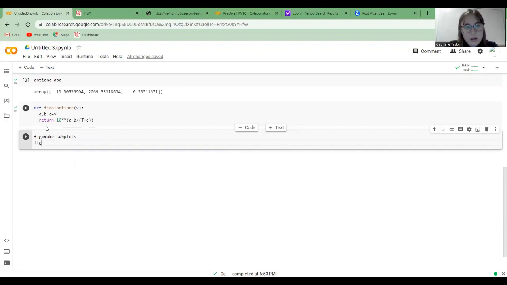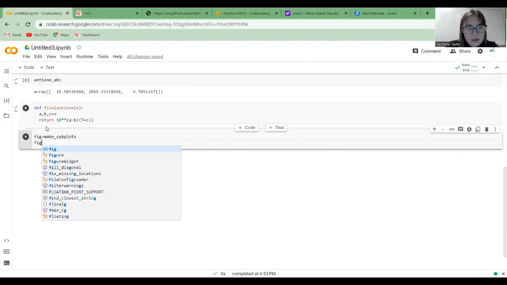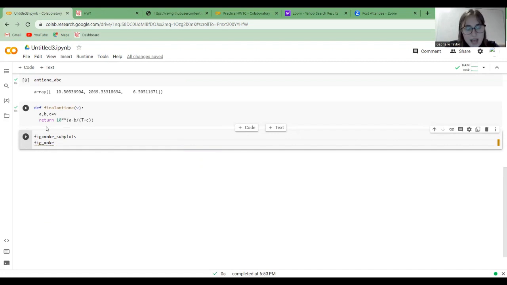So figure dot, no, I think it's add scatter plot. I think it's add underscore scatter.